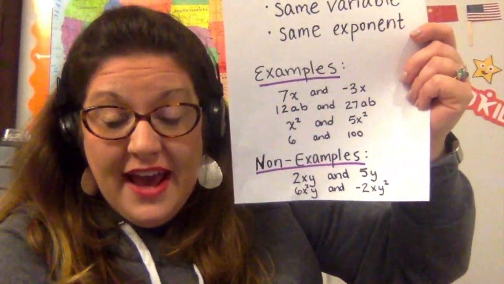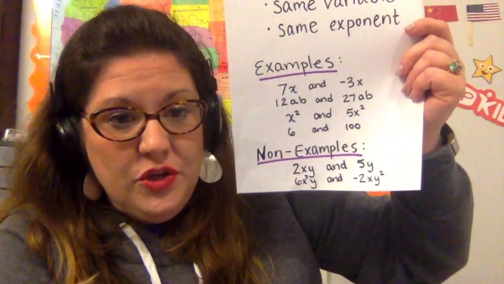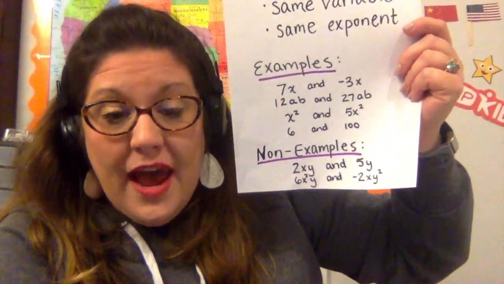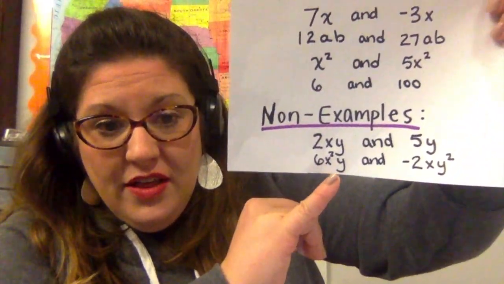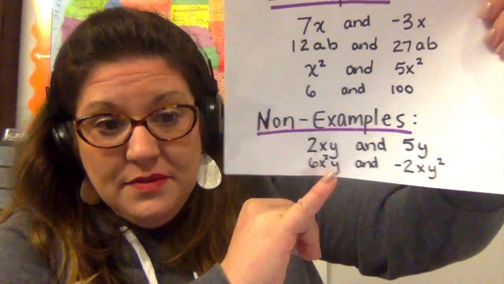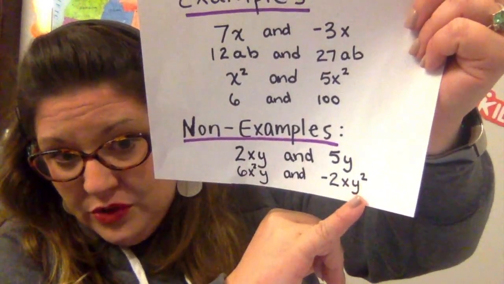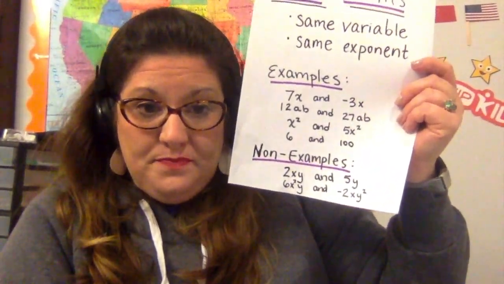They both have x, they both have y. They both have an exponent of 2. But you have to look at where the exponent of 2 is. Here, the exponent of 2 is on x. Here, the exponent of 2 is on y. So these do not qualify as like terms.